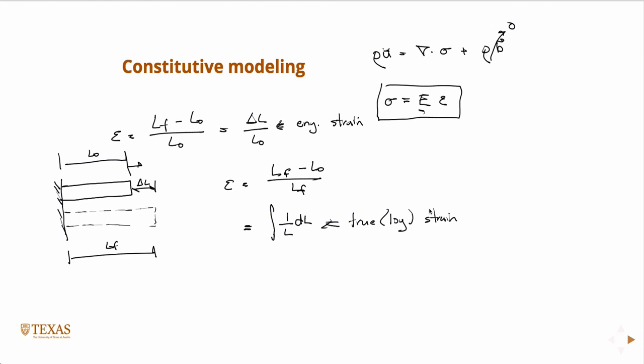Okay? But the reason it's important to label your strain is because if we make a plot of stress strain, say for like 1D, stress versus strain, so far, you know, when you took your mechanics course, you learned that all materials behave like this, right? All materials just behave linearly elastically, right?